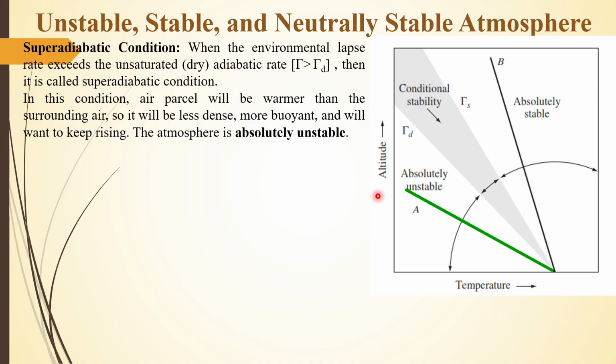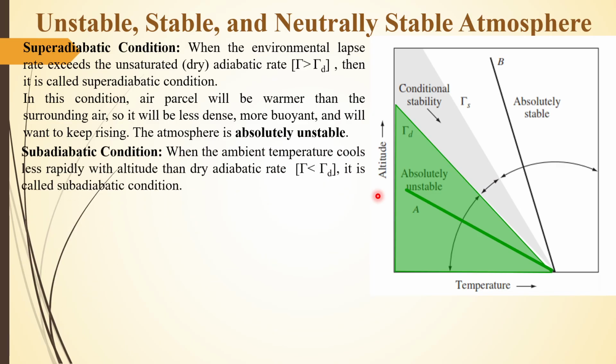In this condition, air parcel will be warmer than the surrounding air, so it will be less dense, more buoyant, and will want to keep rising. The atmosphere is absolutely unstable. In this graph, this portion is absolutely unstable.